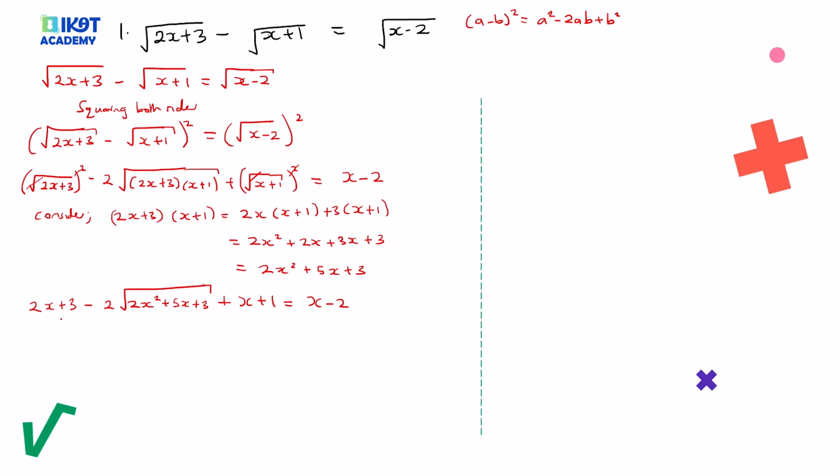So we collect like terms here very fast. 2x plus x, we get 3x, then 3 plus 1, so this is plus 4, minus 2 into 2x squared plus 5x plus 3 is equals to x minus 2.